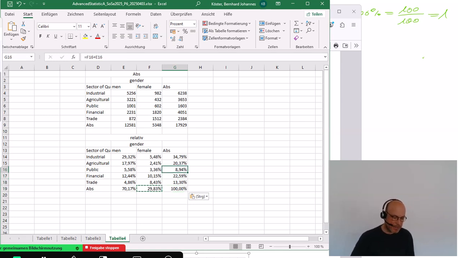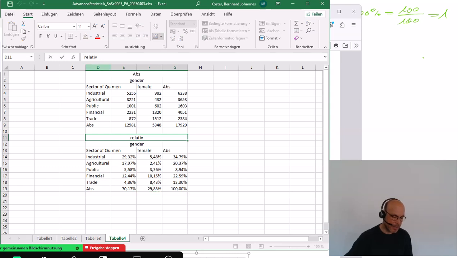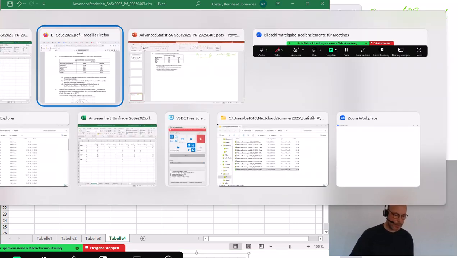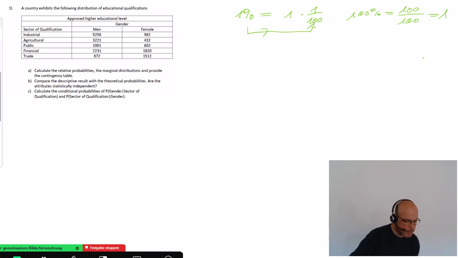Well, and this is the empirical probabilities. And now within our task, the condition, what would be the relative probability?